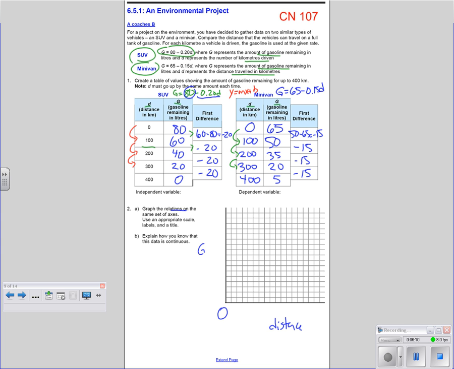So I think I have 10 spaces here, so we'll go every other one can be 10. 10, 20, 30, 40, 50, 60, 70, 80. And here I will count by, let's see, what do I have to go up to? 400 divided by 20 gives me 50, so I need to count by 50.